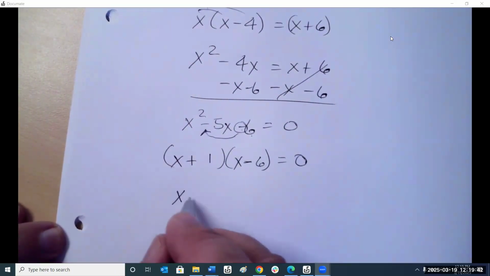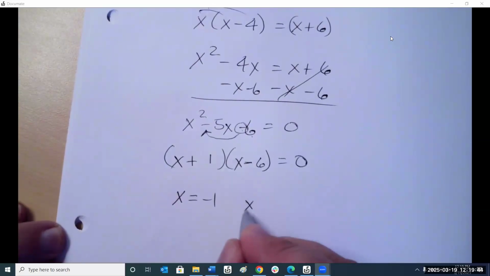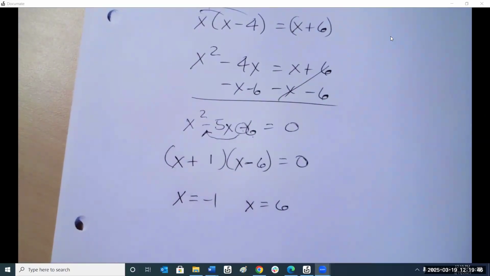So when we solve this, which one can we not use and why?